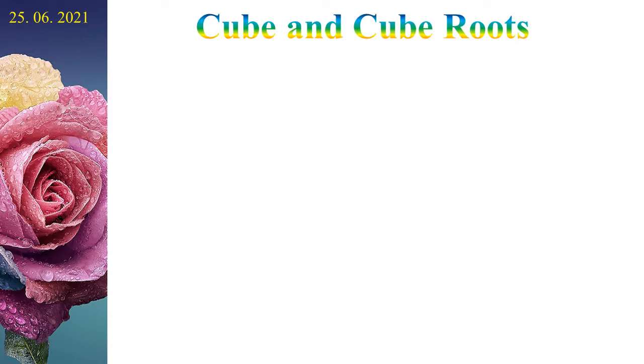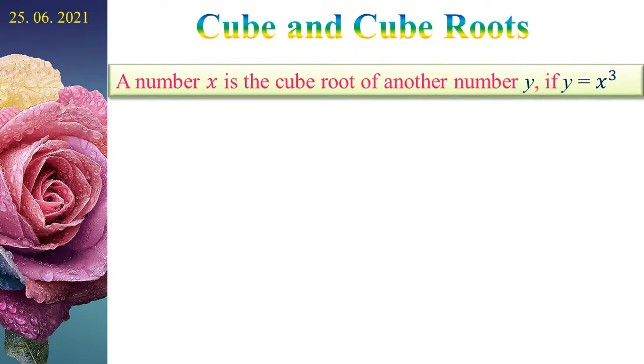Let's see what are cube numbers and what are the cube roots of the cube numbers. A number x is the cube root of another number y if y equal x cube. Let us see some cube numbers and their cube roots. 1 cube, we can read it as 1 cube or 1 raised to the power 3, equal 1 into 1 into 1 equal 1.